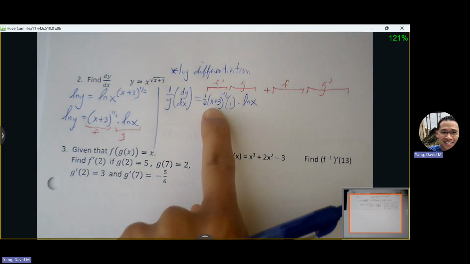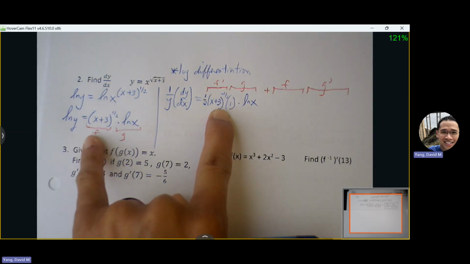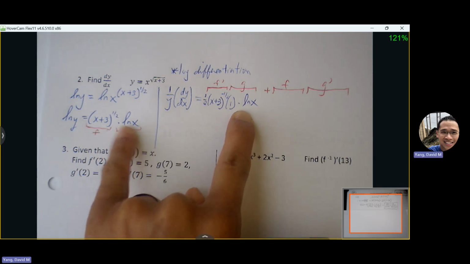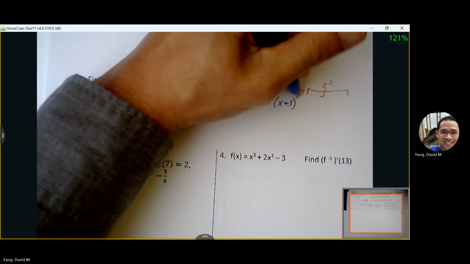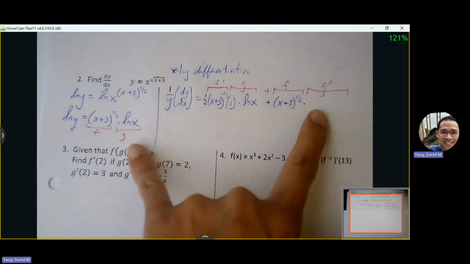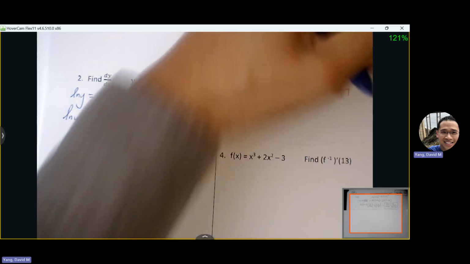So outside's derivative times inside's derivative, that will handle that f portion. G stays the same. F stays the same. And G prime, natural log of x becomes u prime over u, or 1 over x.